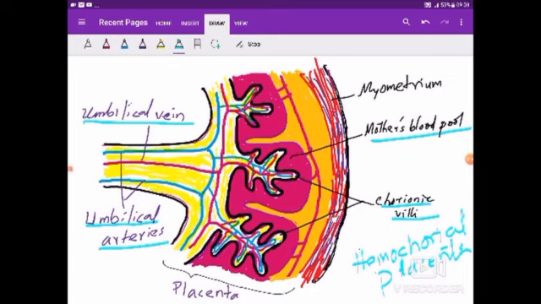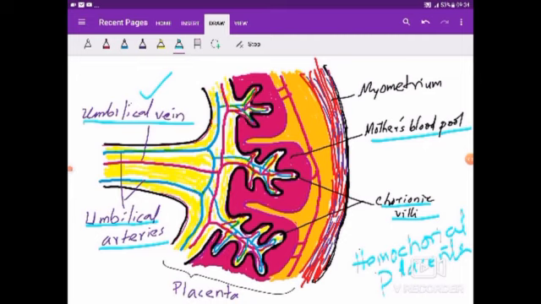Okay, now we see that the umbilical vein is formed in the chorionic villi, and it brings the nutrients: glucose, amino acids, minerals, vitamins, fatty acids, all those nutrients will be entering into the umbilical vein, and the umbilical vein supplies the nutrients and oxygen to the fetus.